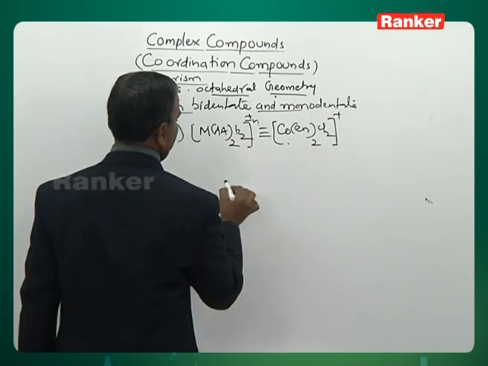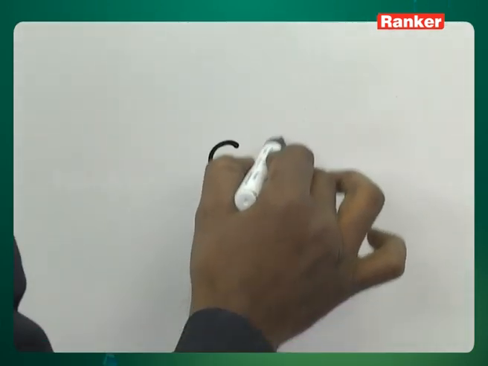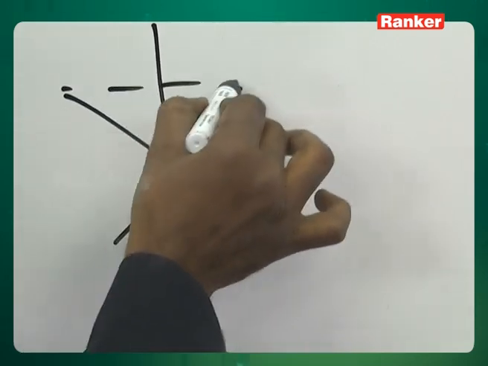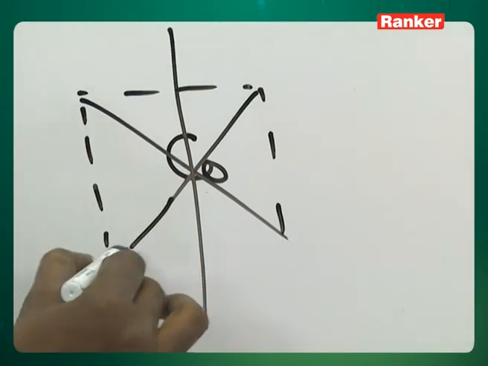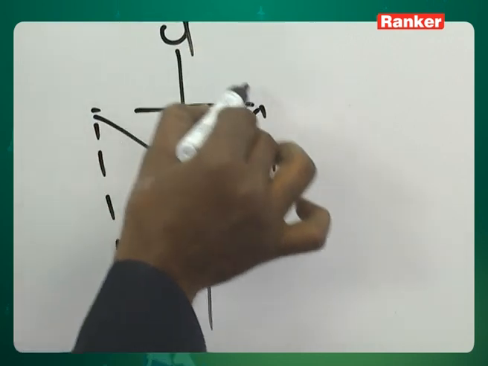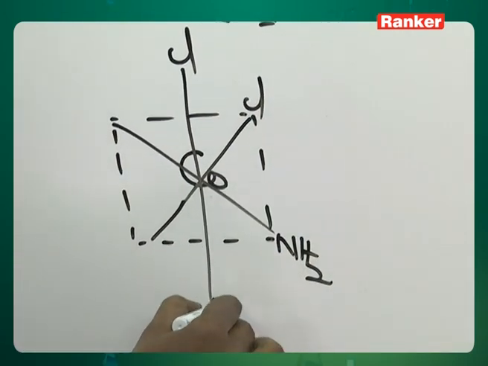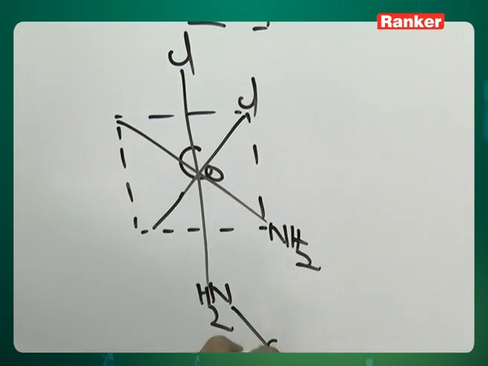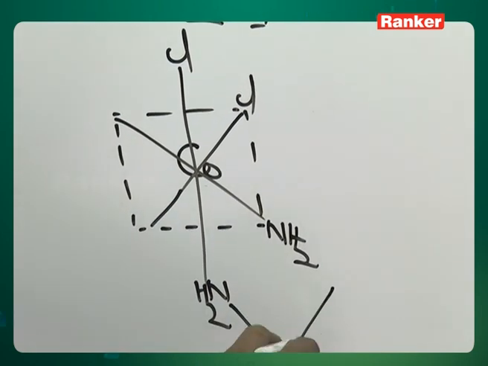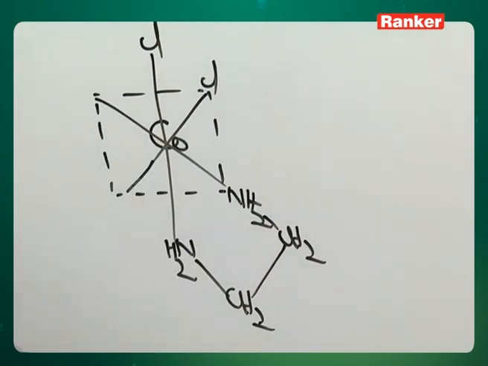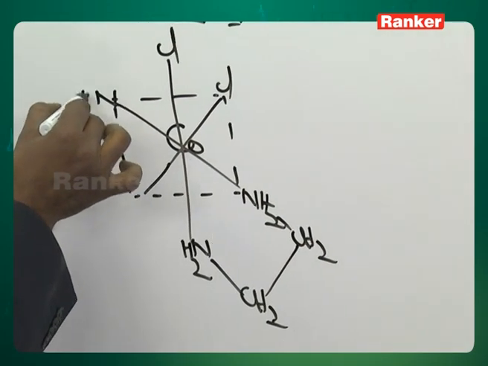Let us write only the cis isomer of Co, one ethylene diamine, second one.